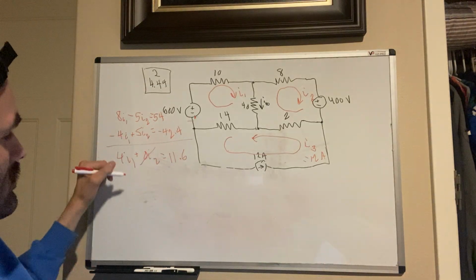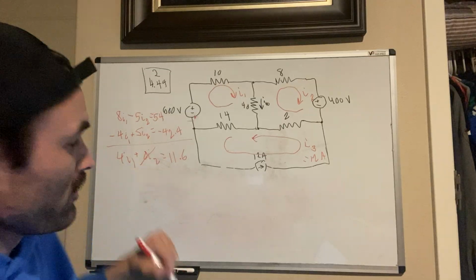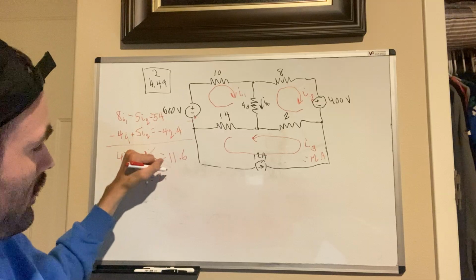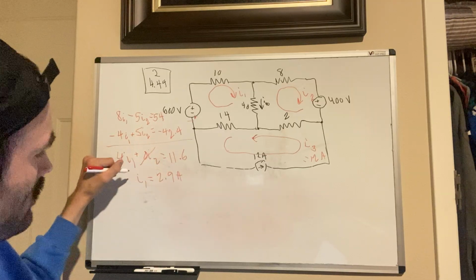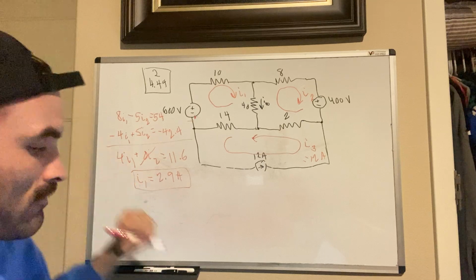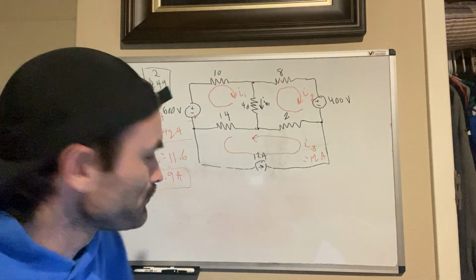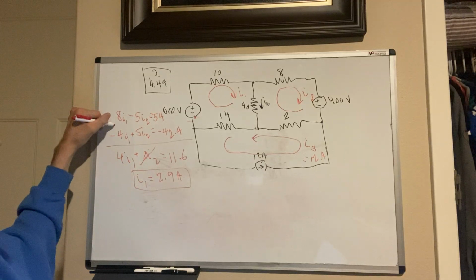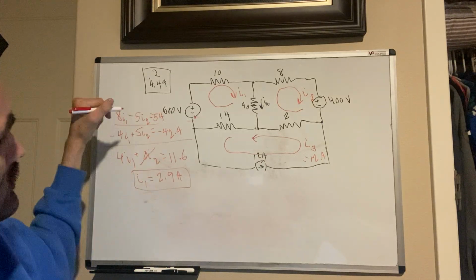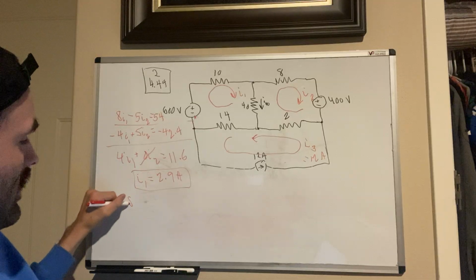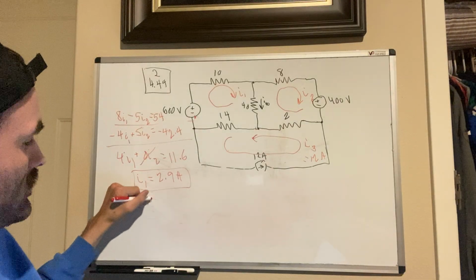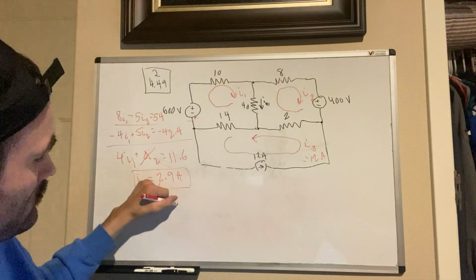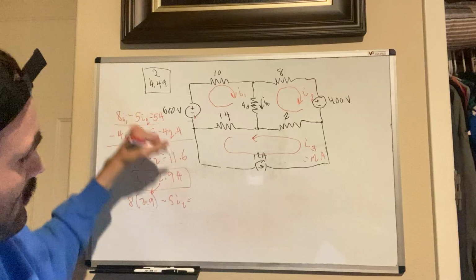So this is 0, of course. Then we just divide both sides by 4, and we get that I1 equals 2.9 amps. Wonderful. So we got I1, and now let's plug that back into our top equation here and solve for I2. So we have 8 times I1, which is 2.9, minus 5I2 equals 54.